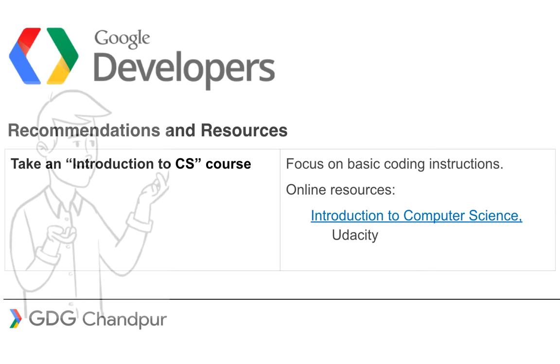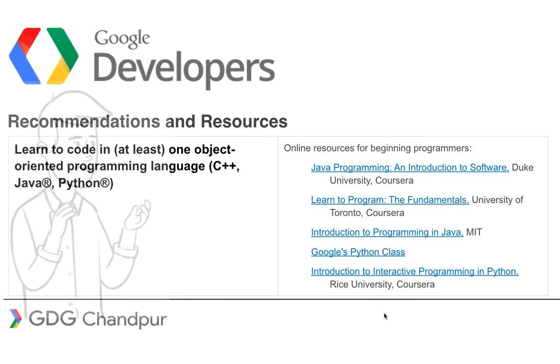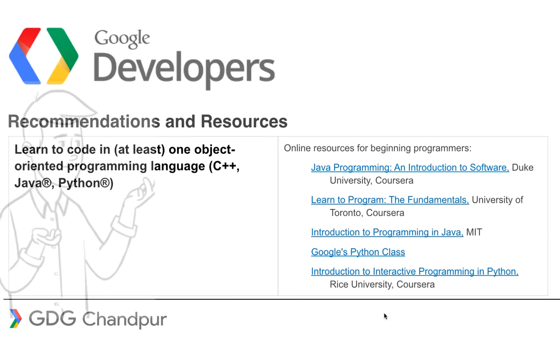Online resources. Introduction to Computer Science on Udacity. Learn to code in at least one object-oriented programming language: C++, Java, Python. Online resources for beginning programmers. Java Programming: An Introduction to Software, Duke University, Coursera.